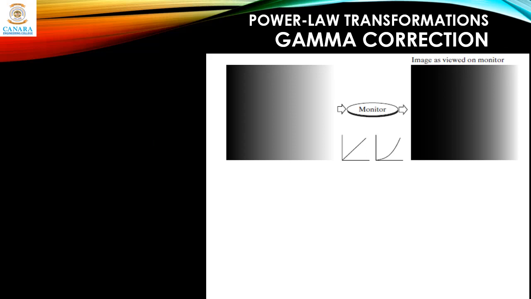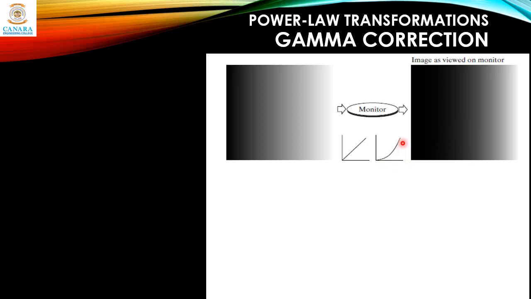Let's understand that example of a CRT monitor and how we apply gamma correction to correct the displayed image. This is the input image that we want to display on the CRT monitor, and because the CRT monitor has a gamma function shaped like this, with a gamma value of 1.8 to 2.5, the image appears darker.